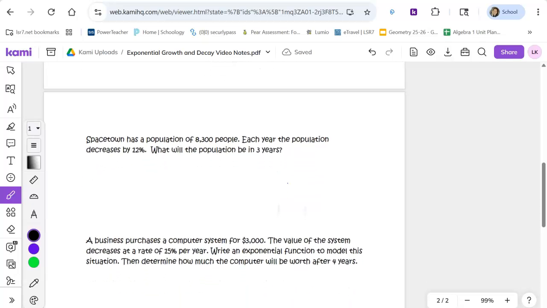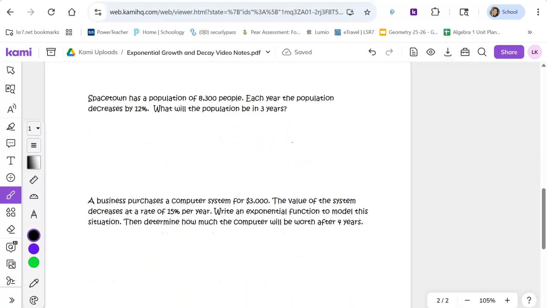Now this says Spacetown has a population of 8,300 people. Each year the population decreases by 12%. What will the population be in 3 years?